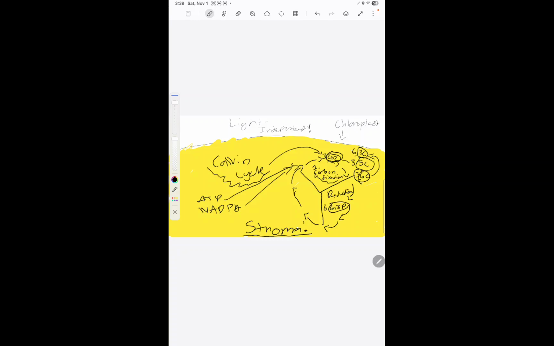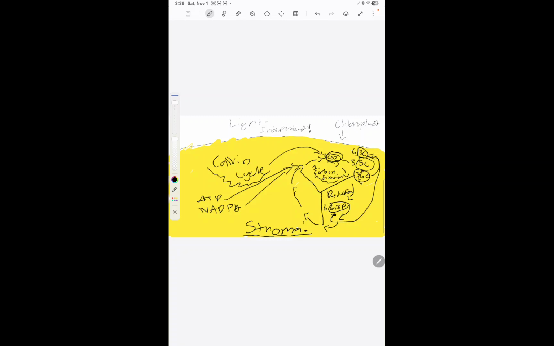So you're going to be turning this into your 6,3C. So your 3-carbon molecule, and you're going to be modifying all of those into your G3Ps.